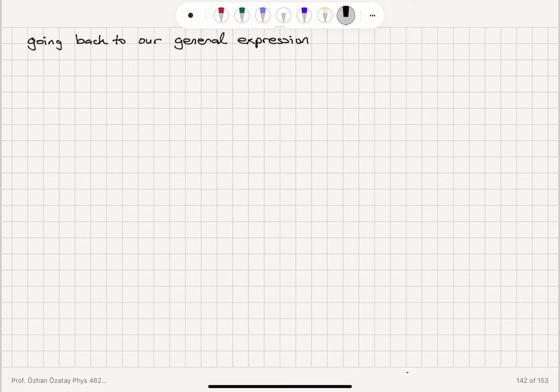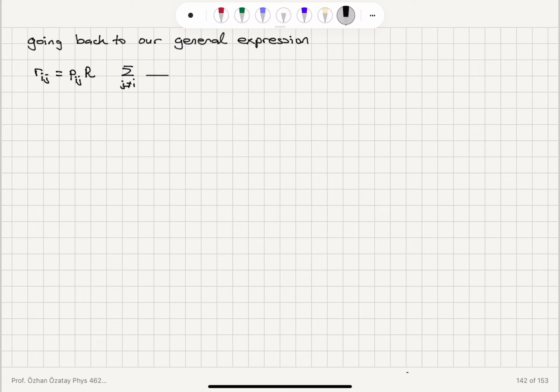we have Rij, the distance between the ith and jth ion, written in terms of the nearest neighbor distance, capital R. So sum over j not equal to i.